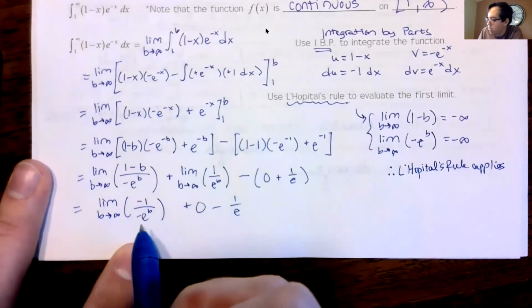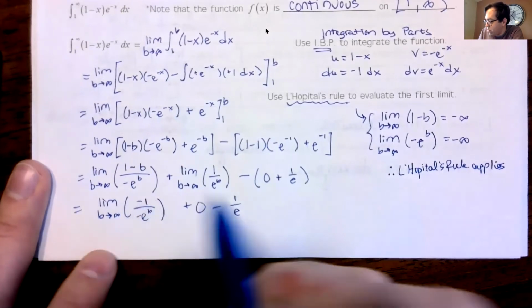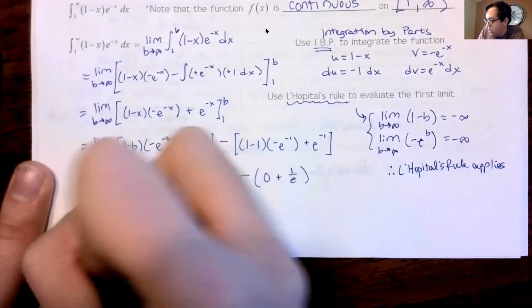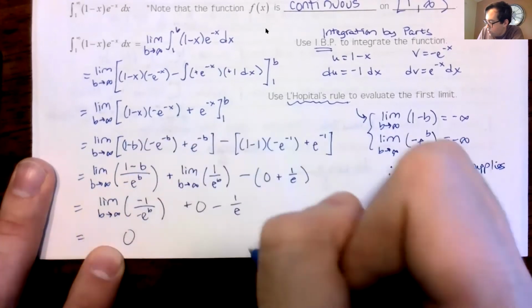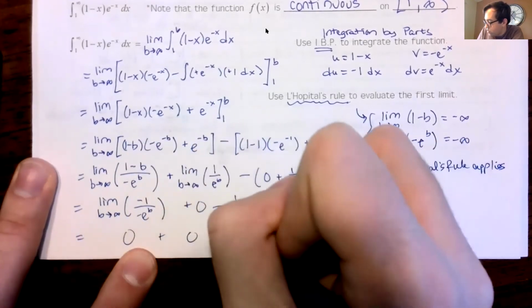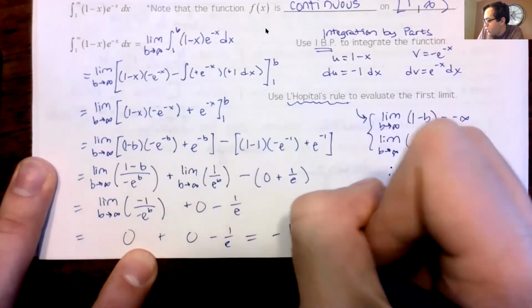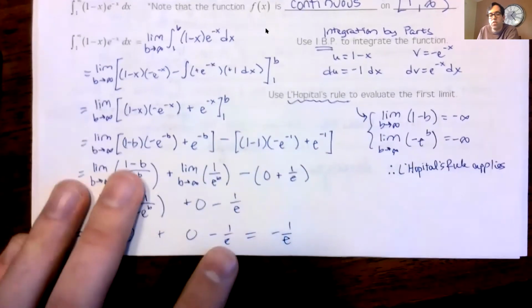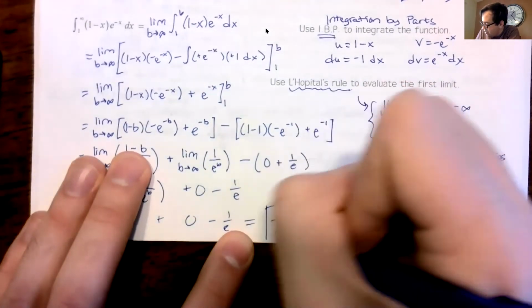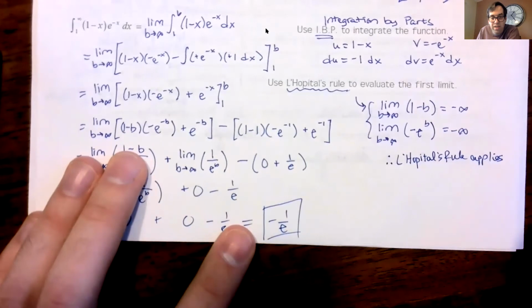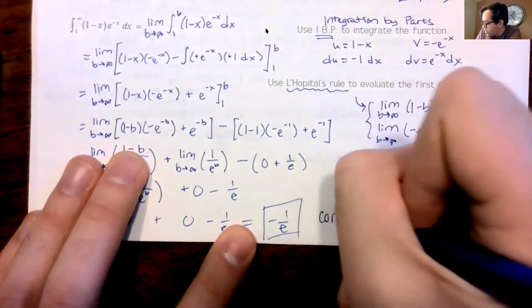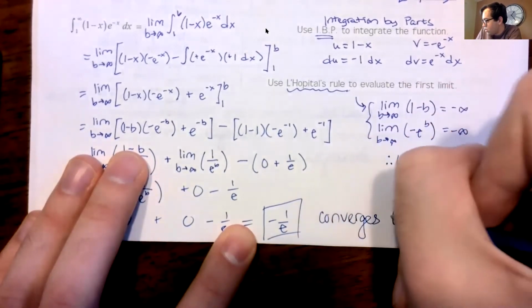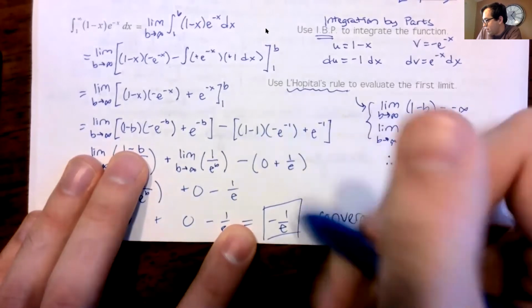Because we have a negative over negative. That just equals 0. So this is now equal to 0 plus 0 minus 1 over e, or just negative 1 over e. So after all that, we got an answer that's actually not infinity. So this converges to negative 1 over e.